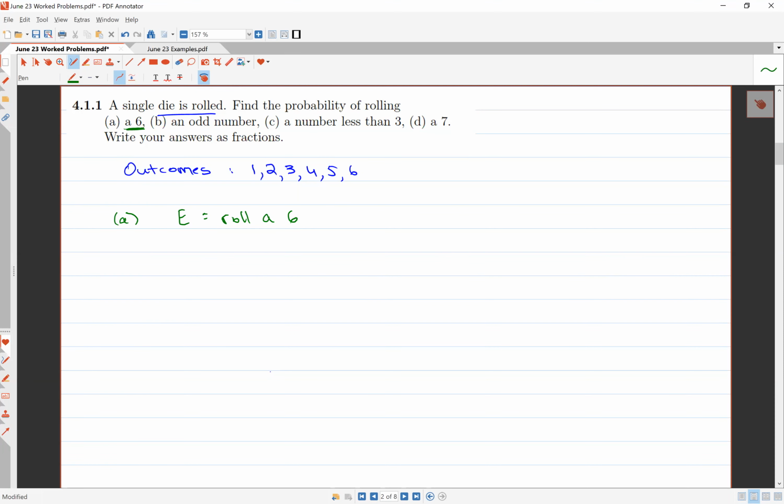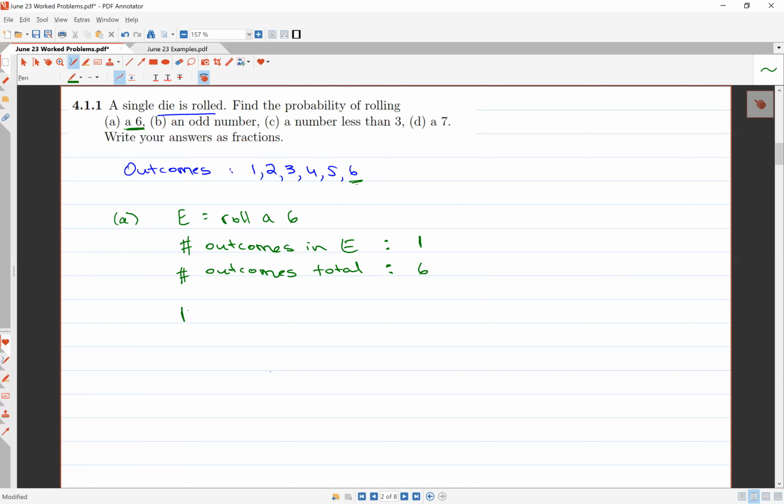So what you want to do now, once you've defined an event, is count the number of outcomes that correspond to that event, and count the number of outcomes that there are in total. So how many outcomes of rolling a die actually correspond to rolling a 6? There's only one side of the die that gives you a 6. So there's one outcome that corresponds to rolling a 6. And we know there are 6 outcomes in total.